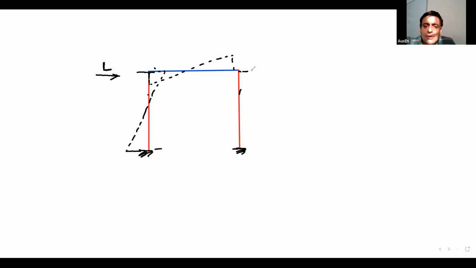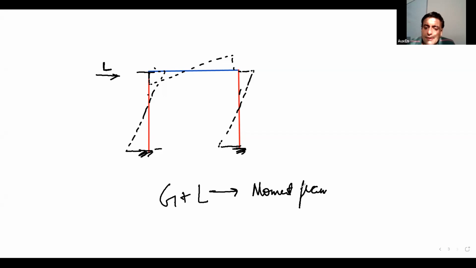This is how my lateral loads are being resisted. You will get a sagging moment at one end of the beam, hogging moment at the other end of the beam, and biaxial bending in case of columns. Similarly, when the lateral load reverses direction, your bending moments will be reversed. So gravity and lateral loads are being resisted by the moment frame.